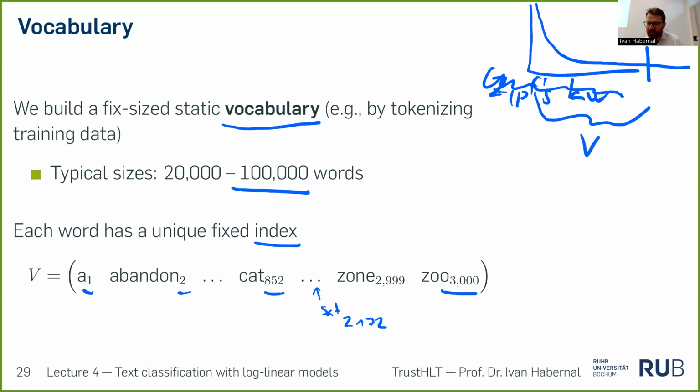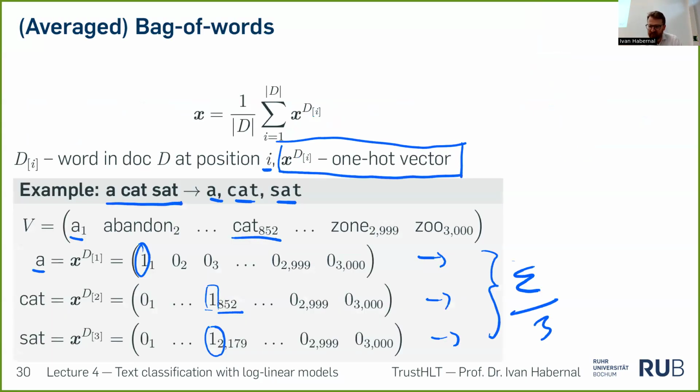So basically I map the sentence into 852, 2179, and then turn this into vectors by looking up, well, basically turning this into one-hot vectors and then taking the average.